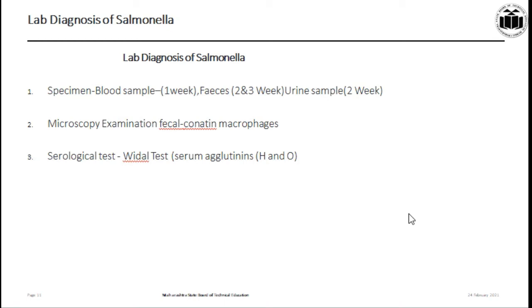The serological test most widely used to detect Salmonella infection is the Vidal test. A Vidal test is a serum agglutination test where the H and O antigens of Salmonella are used to detect the Salmonella organism.